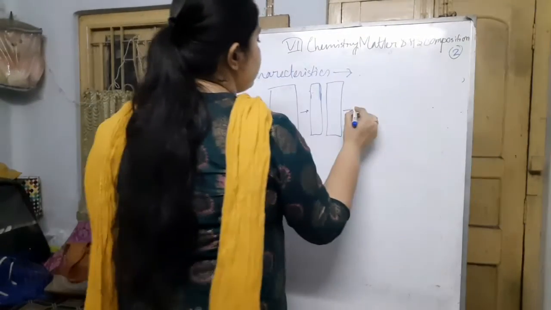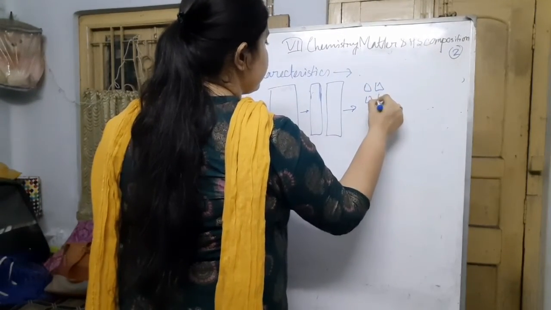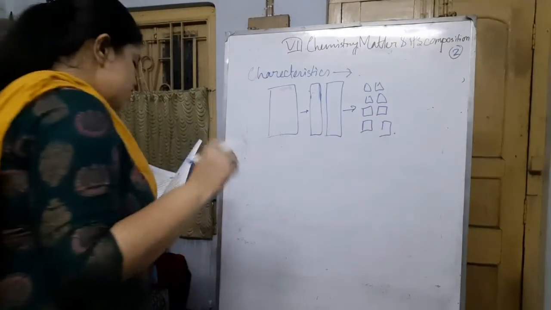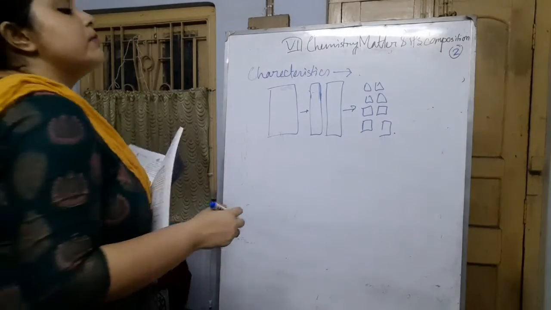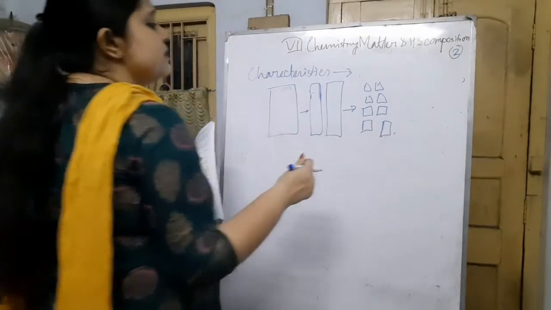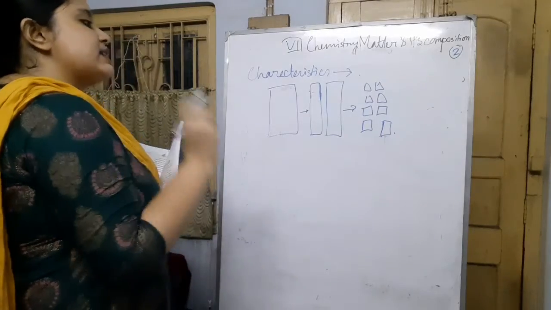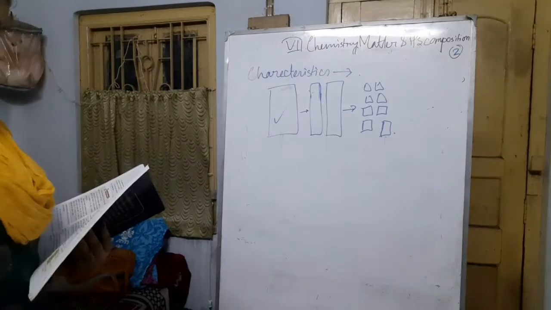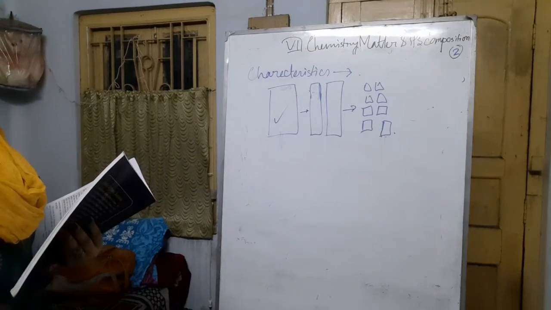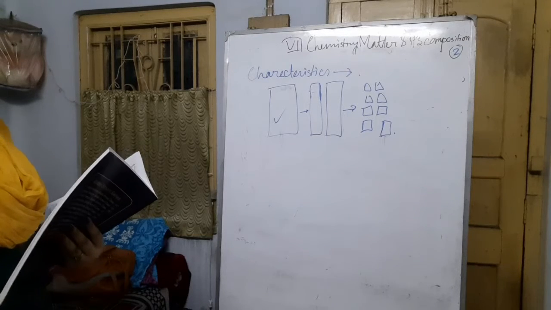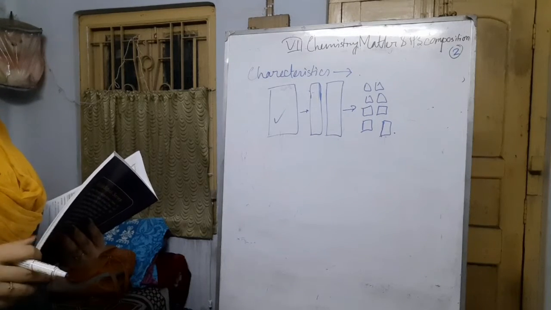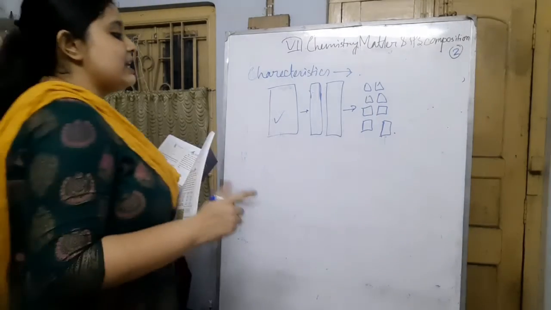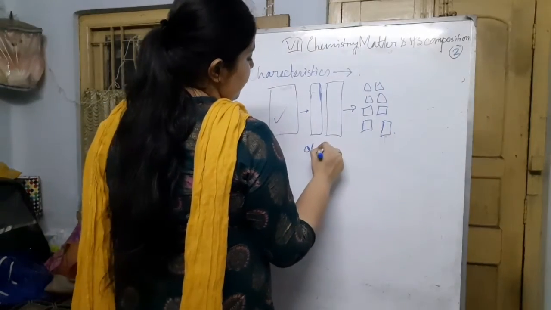Finally, when you make small pieces of paper, you can see that the small parts have the same characteristics as the big paper. So the properties are always the same. Hence, we can conclude that paper, a kind of matter, is made of tiny particles which exhibit all the properties of the paper, and this is the characteristic of matter.